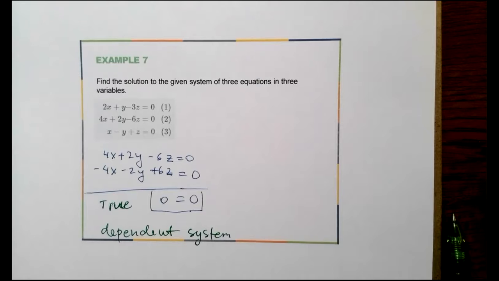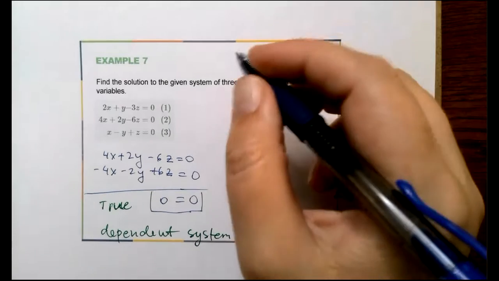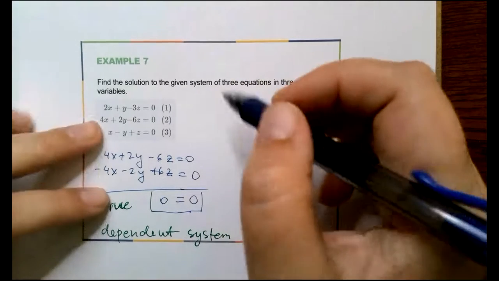Basically, you're looking for ways to express y and z in terms of x. Then you let x be anything, and once you know x, you can figure out y and z.